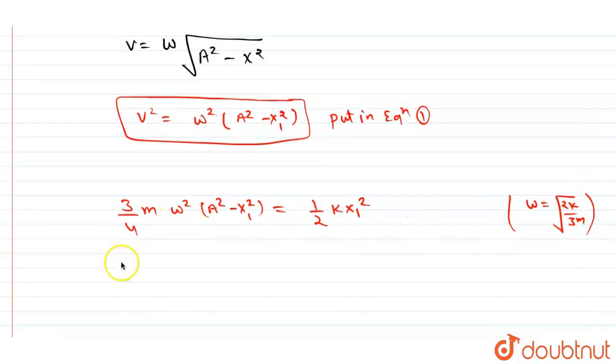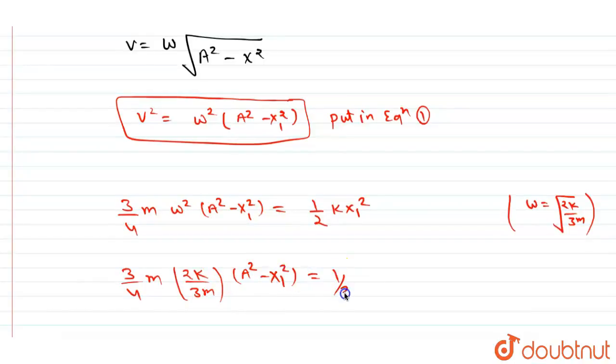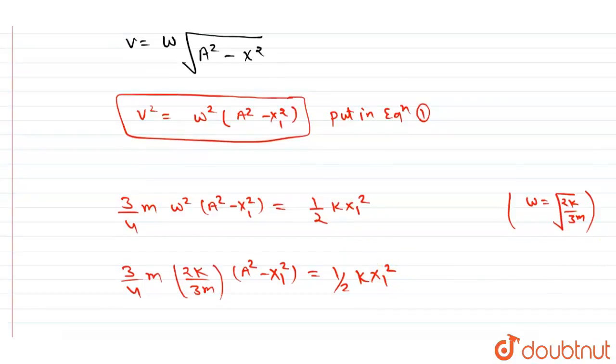So for omega square, let us write 2k by 3m. The under root will be removed. Now here it will be a square minus x1 square, and here we have half of k x1 square. Understood? Now we only have to solve it and we will get the final answer.